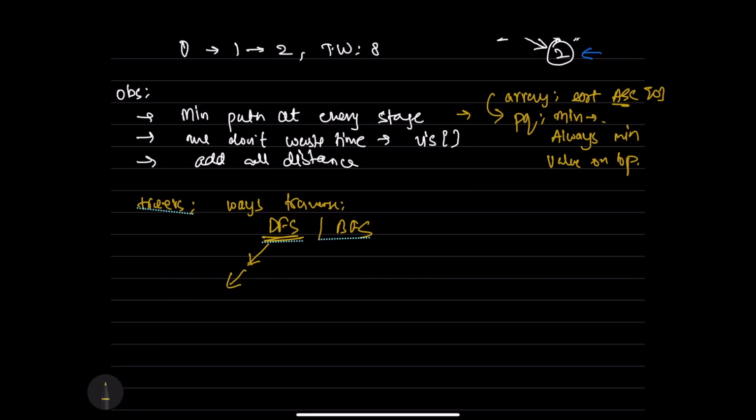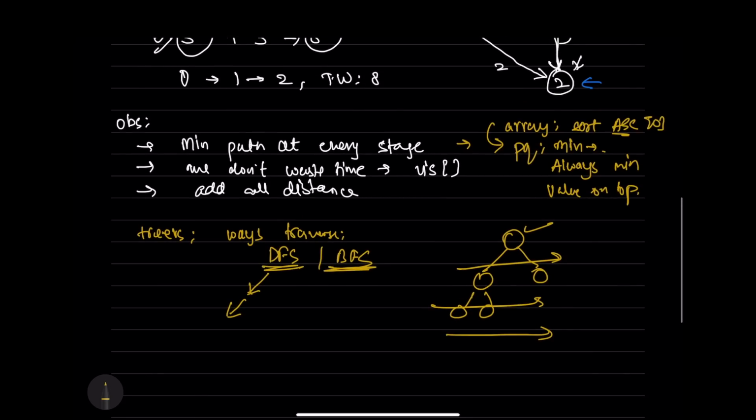But BFS is level-wise traversal, which means I traverse this first, then this one, then this one. So don't you think we need to think about BFS? Why? Because at every stage I am going through all of the paths connected to the current node which I am on.